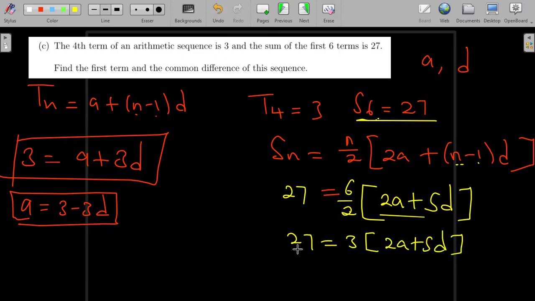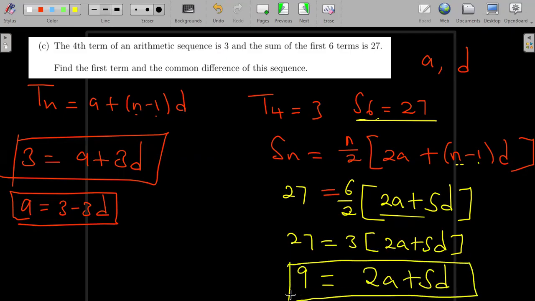So we can divide both sides by 3. If I divide this side by 3, the 3 will go. If I divide this side by 3, it will be 9 is equal to 2a plus 5d. So we have 2a plus 5d is equal to 9. So this one here will be our second equation. Now let's solve this equation and this equation simultaneously.